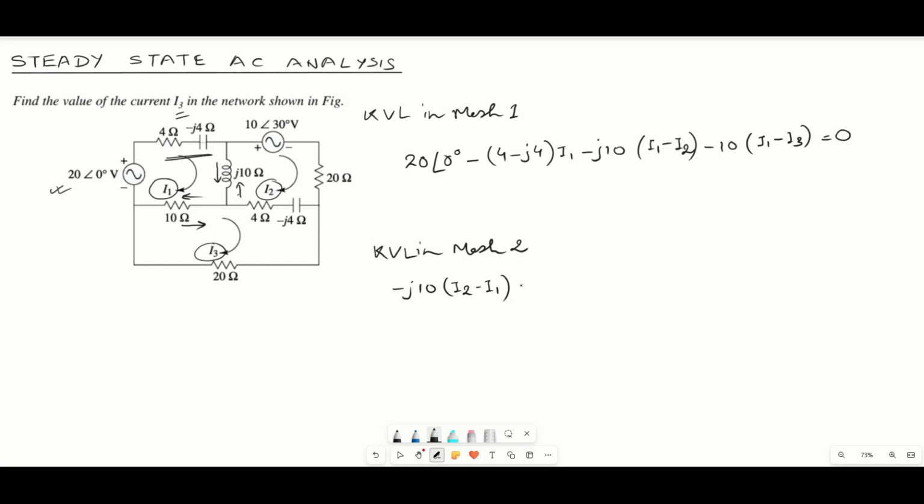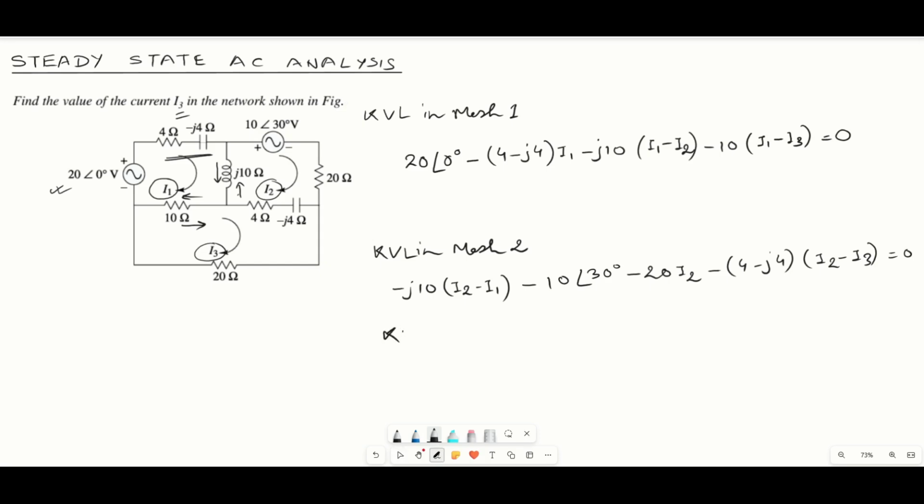Then minus 10 angle 30 degrees, and then again minus 20 of I2, then finally minus (4 minus J4) into (I2 minus I3) equals 0. So we have the second equation also.